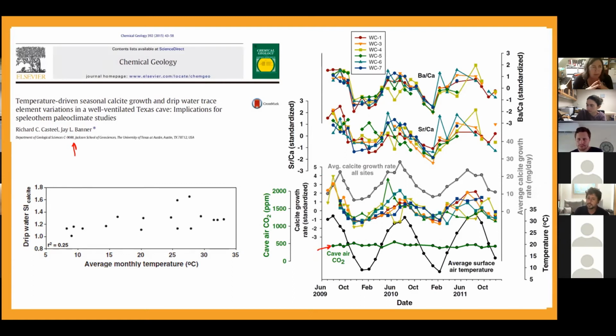And we can see here variation of calcite growth. The author used a normalized curve, the same kind of z-score data. Z-score data is when you have your data minus the average of the series divided by the standard deviation. So it's a way to remove the relative variance among the data, and then you can compare all the different points and produce also a single curve of calcite precipitation.